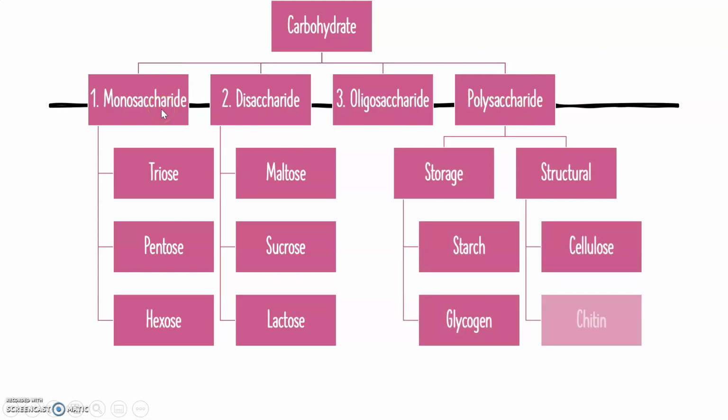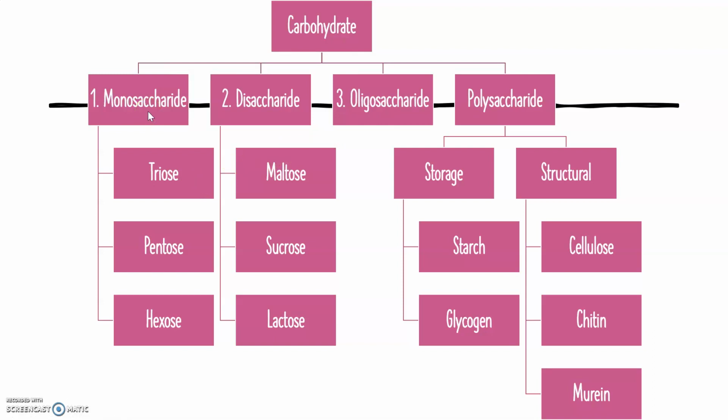Monosaccharide is the monomer of carbohydrates, whereas disaccharide is the combination of 2 monosaccharides. Oligosaccharide is the combination of 3 to 14 monomers of carbohydrate, and polysaccharide is the combination of more than what we have in oligosaccharide.